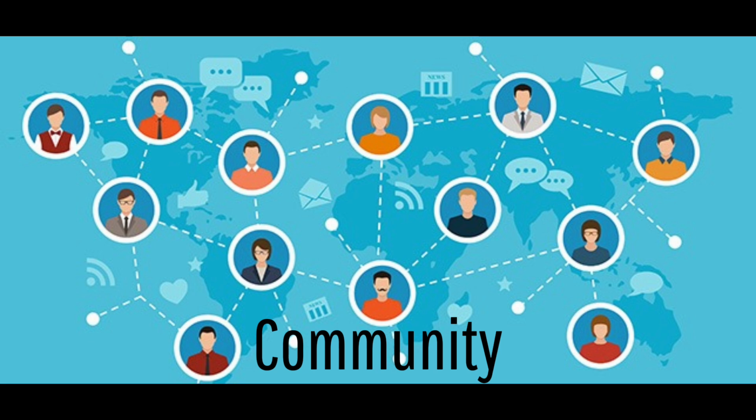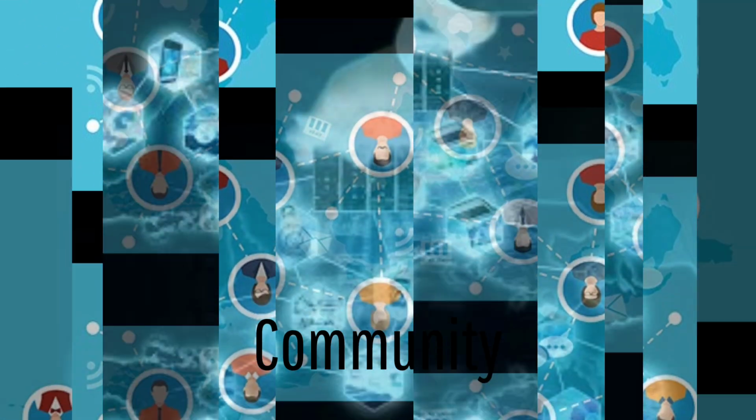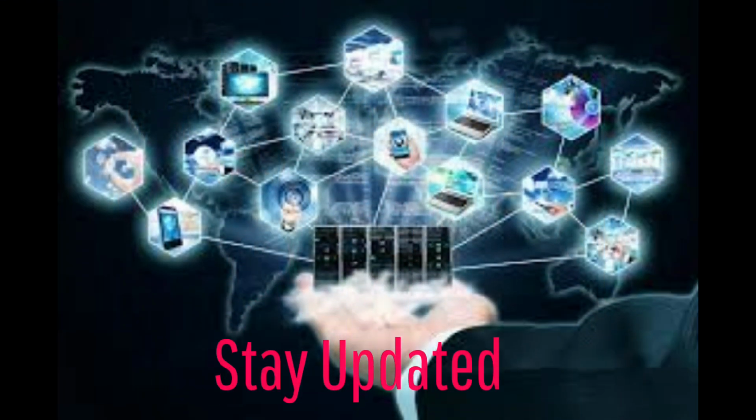Participate in forums, discussion groups, or local meetups. Fourth, stay updated. Algorithm development is an ever-evolving field. Stay informed about new research and events in algorithm design and complexity analysis.